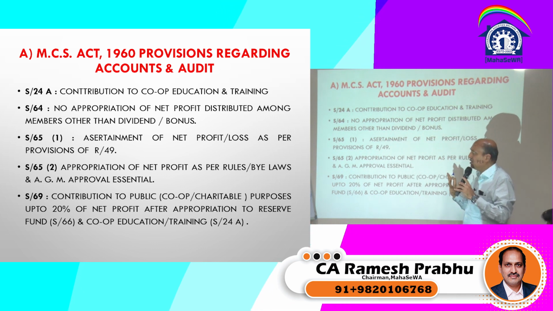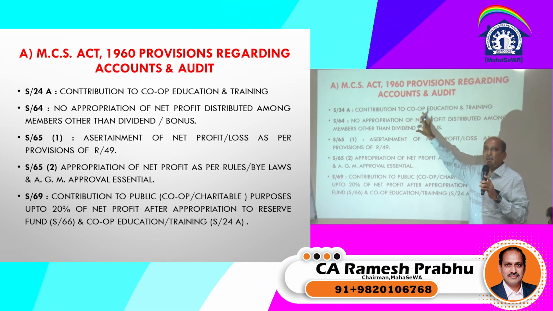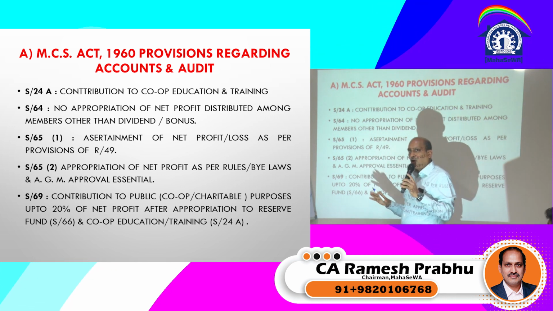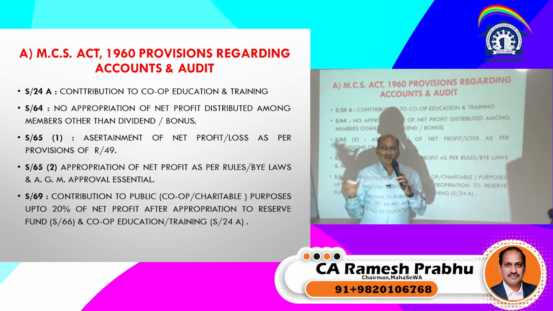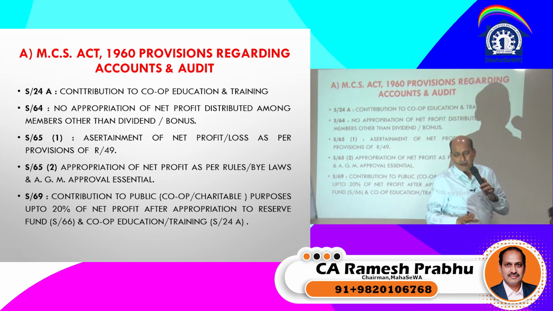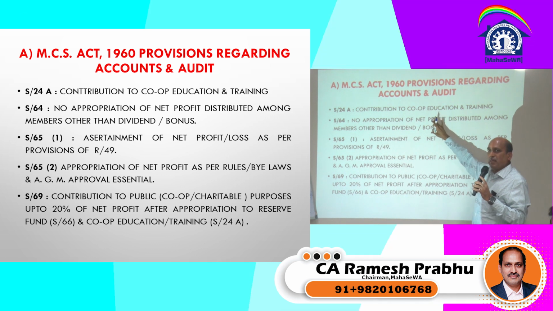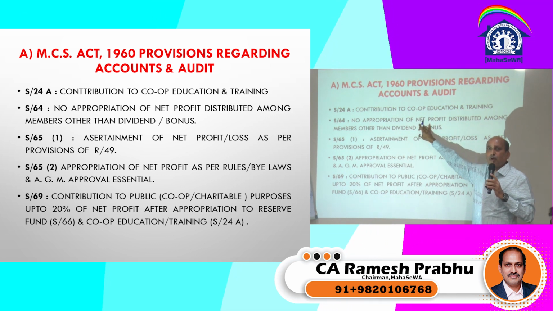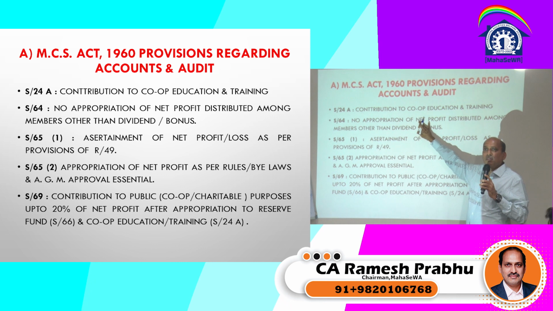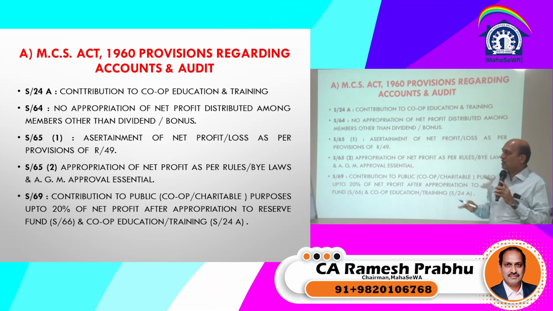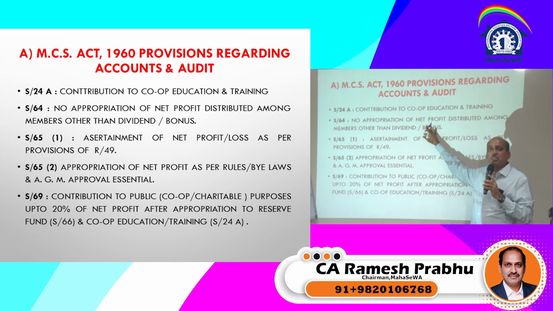Now, a very important thing: whenever any payment is made by the society, it has to be approved either in the managing committee or in the general body. When it is approved in the general body or the managing committee, as the case may be, you have to look at whether that managing committee which has done the appropriation has the capacity, the power, to do such distribution.